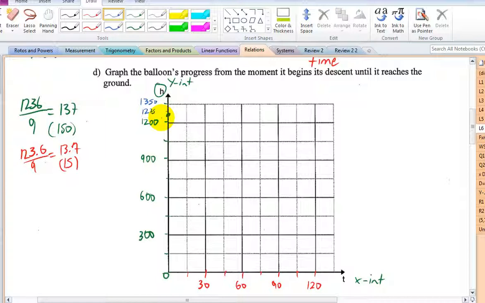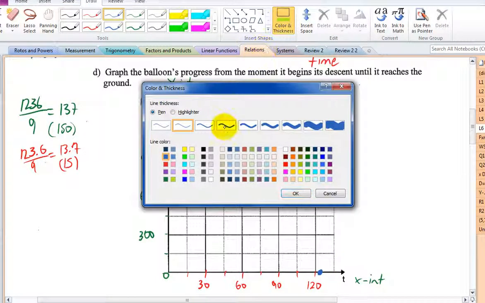Do the same for the x now. Approximately where should the x be? Well, 123.6 is going to be just a little bit after 120. Okay. Now you can use a straight line.